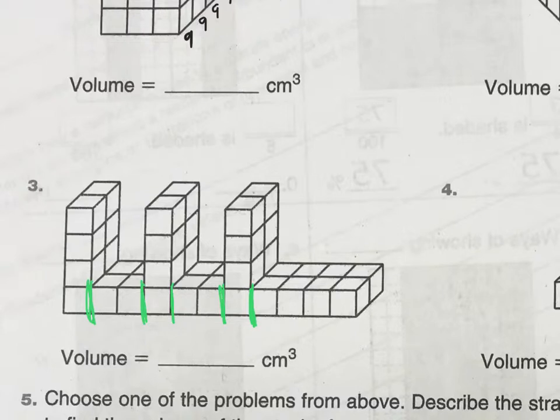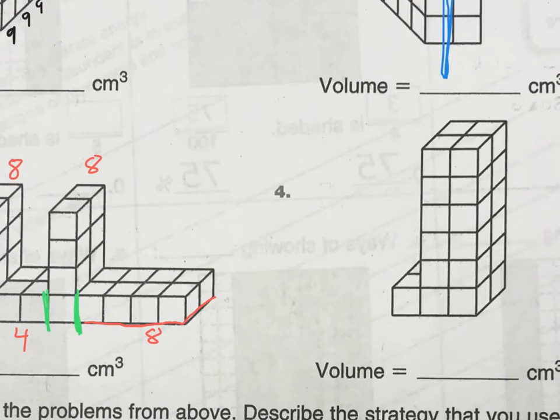This is 4 by 2, so these are each going to be 8, right? And then here we have 4 inside here, and 4 inside here, and then this one here is another 8. And then I just add all those up and I get the answer.